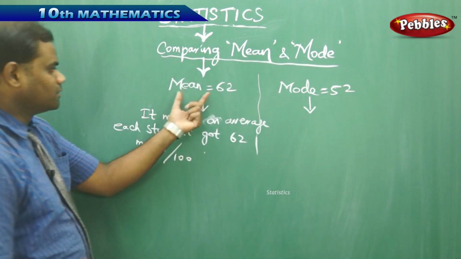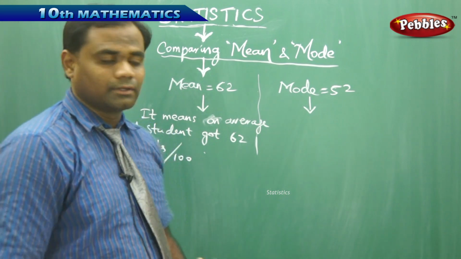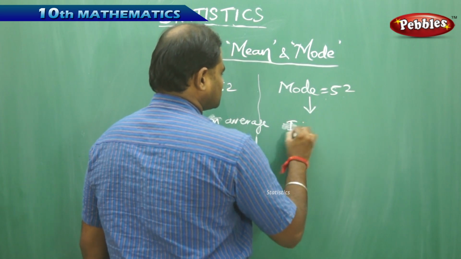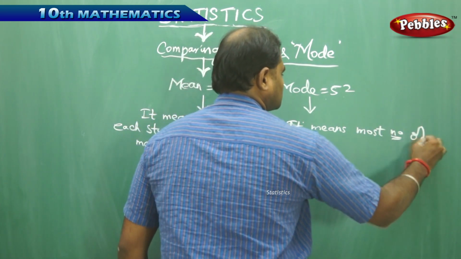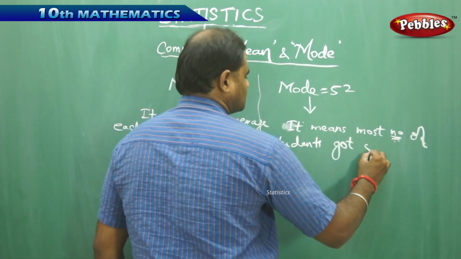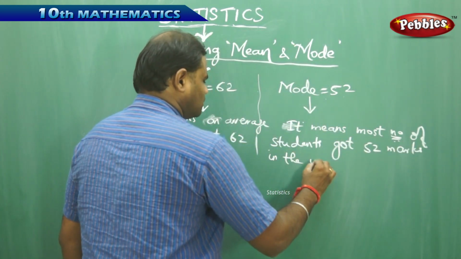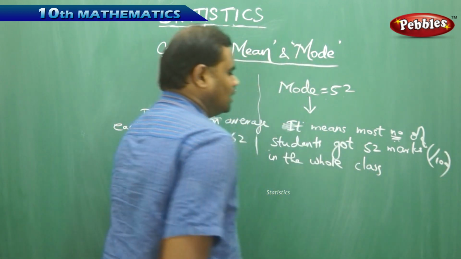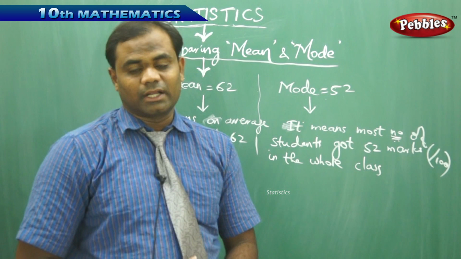Similarly, mode equal to 52 means most students got 52 marks in the whole class, of course out of 100. This is how I understand the mode and mean connected to real life.